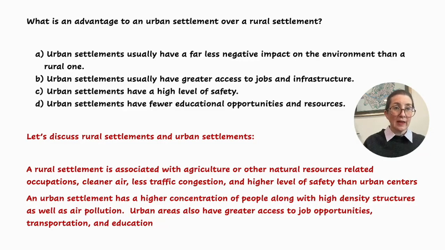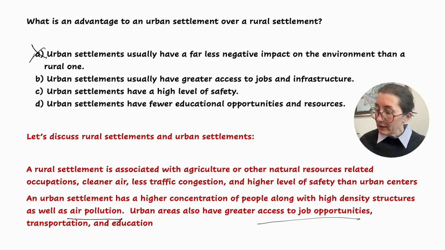So let's look at our options. Urban settlements usually have far less negative impact on the environment than a rural one. No, it clearly states that there is air pollution. So not this one. Urban settlements usually have greater access to job and infrastructure. It does say that there's greater access to job opportunities, transportation, and education.